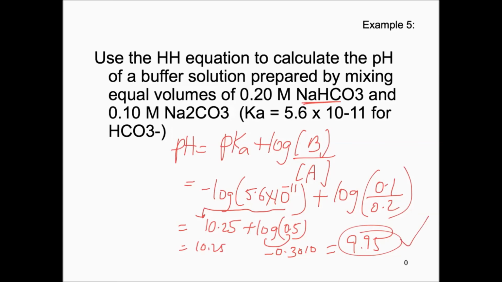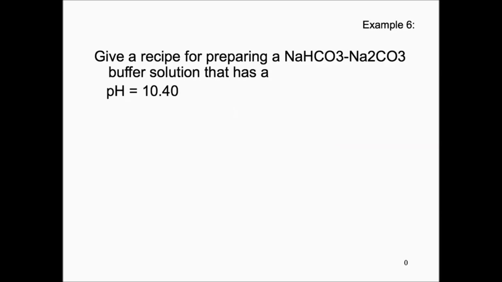Alright, the question now is, give a recipe for preparing sodium bicarbonate and sodium carbonate buffer solution that has a pH of 10.40. Now, we just saw that for the bicarbonate carbonate system, the pKa was 10.25. In the last question, I calculated that.